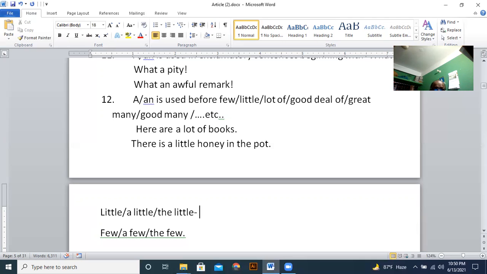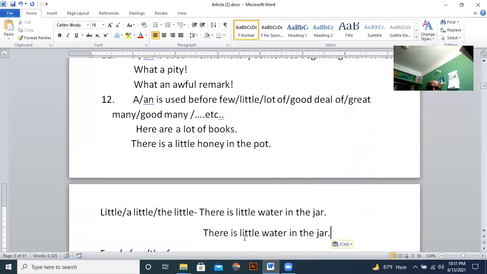Now look at an example. There is little water in the jar. There is a little water.